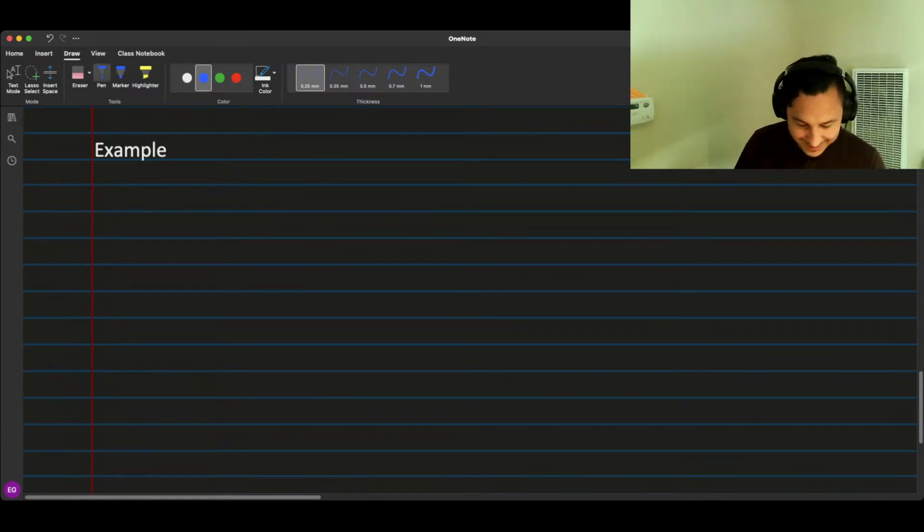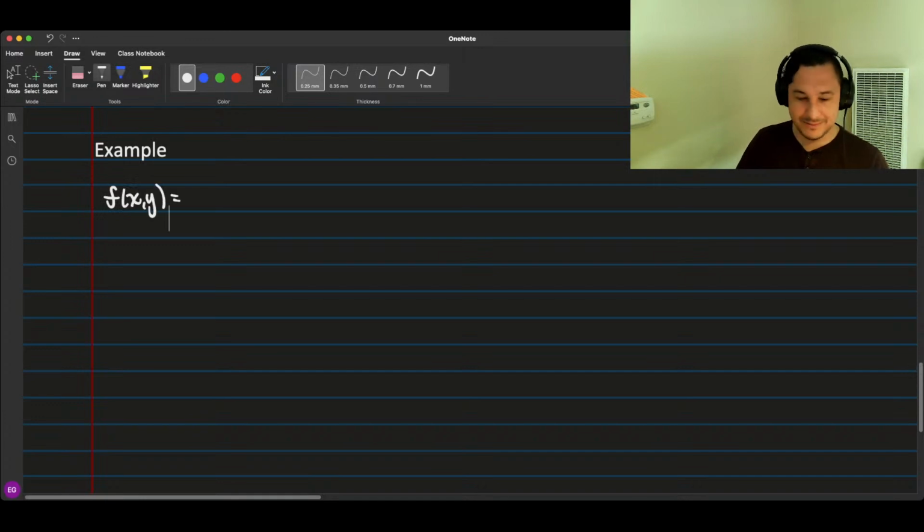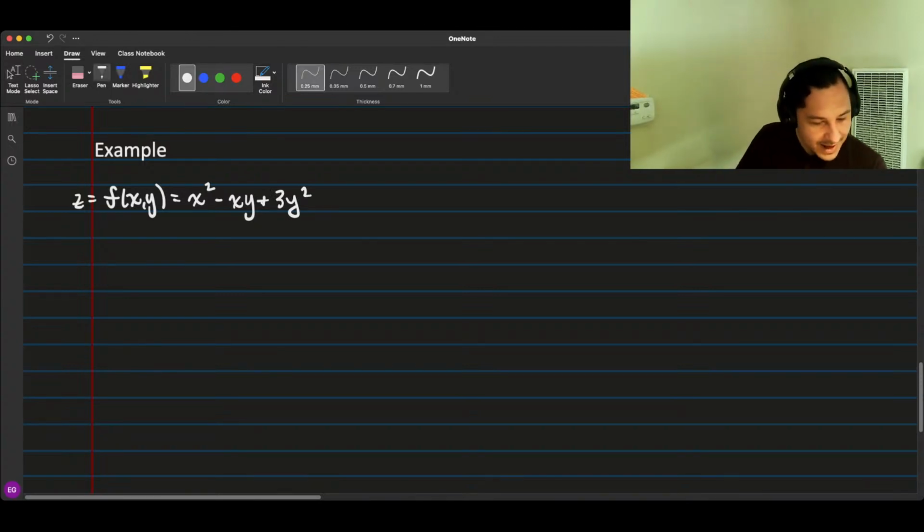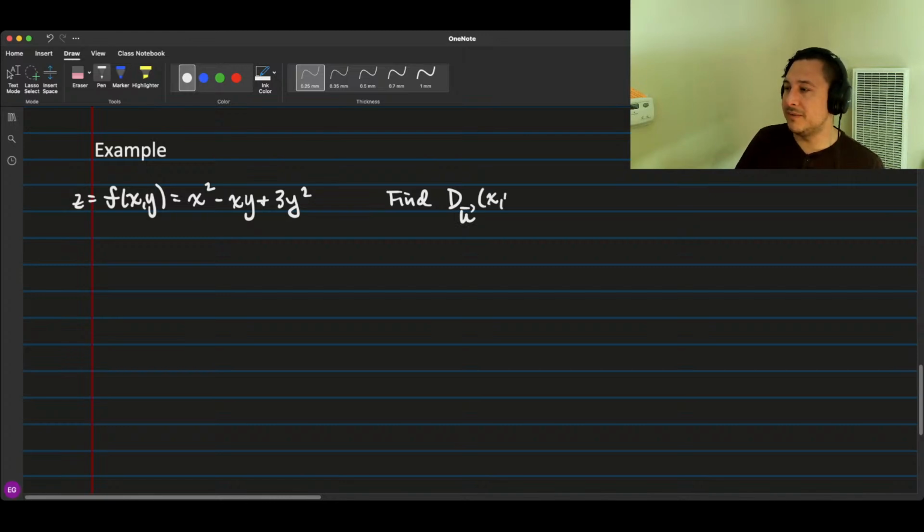So, let our function f of (x, y) be equal to x squared minus xy plus 3y squared. So here's our function. And we are going to find the directional derivative in the direction of u, not at a particular point, but for any point (x, y).